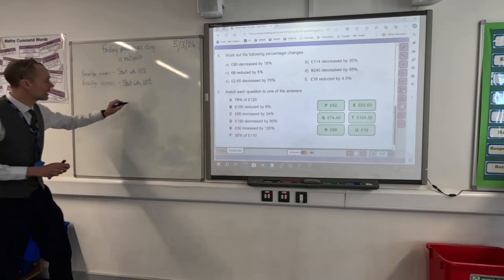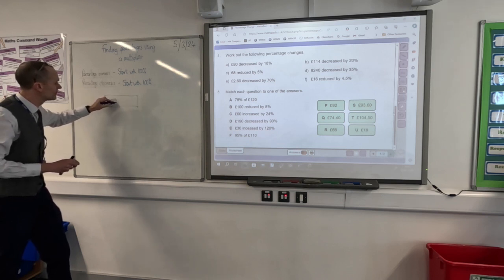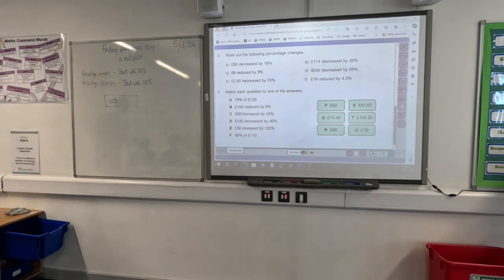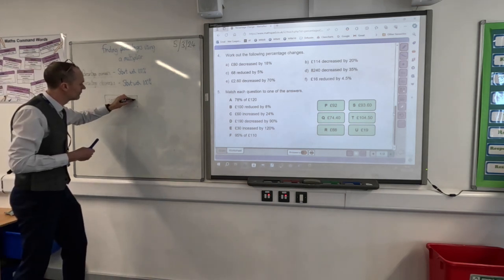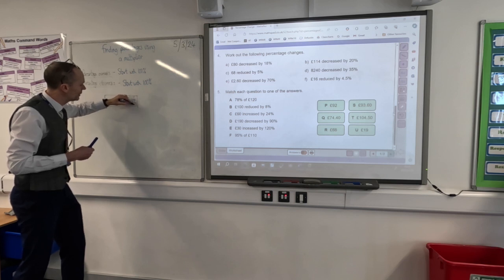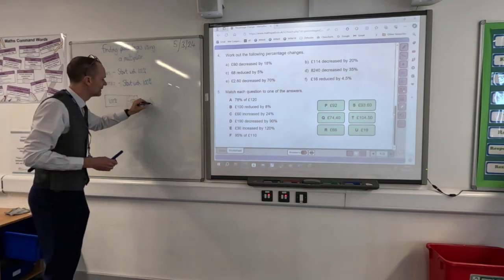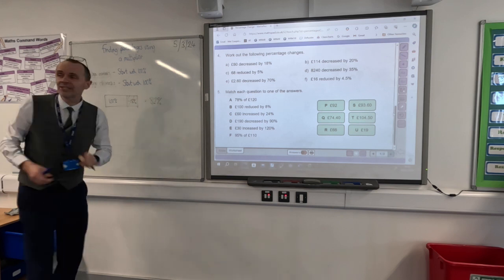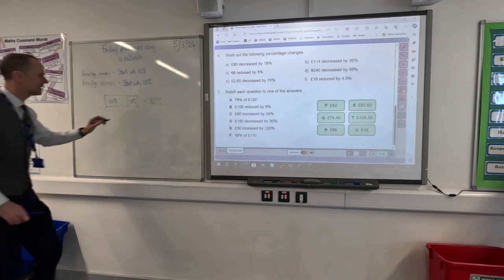So, for my first example there, I start with 100%, and this time I'm taking away 18%. So Libby, what does that leave me with? I had 100%, I take away 18%. 82. And Scarlett, what's the decimal equivalent of 82%? 0.82.